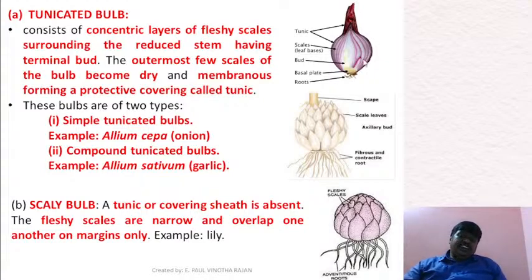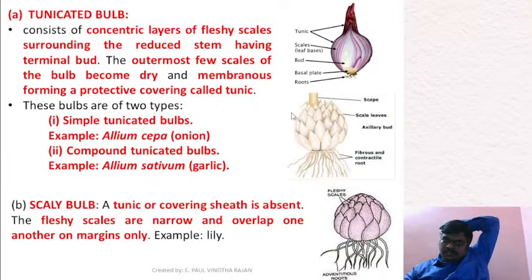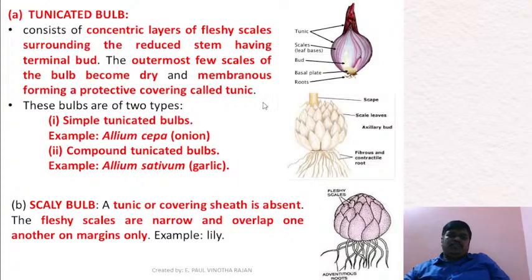And these concentric layers that you have seen in onions are fleshy scales. The whole scales are covered by a protective membrane called tunic. In that we have simple tunicated bulb, example onion, Allium cepa, and compound tunicated bulb, Allium sativum, that is garlic.